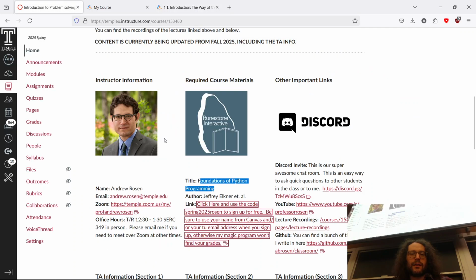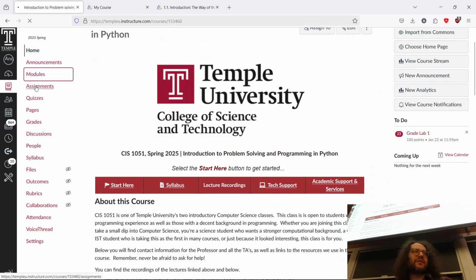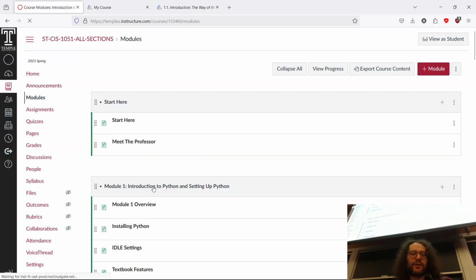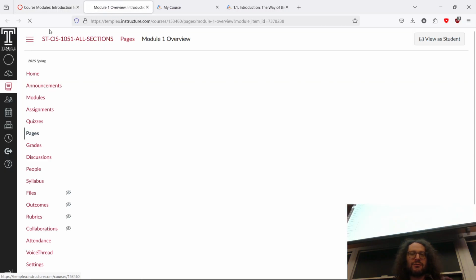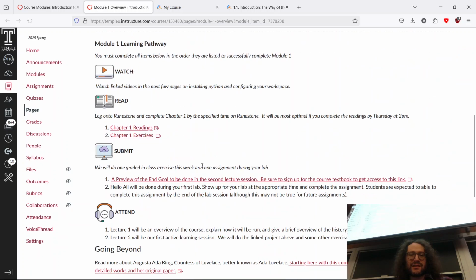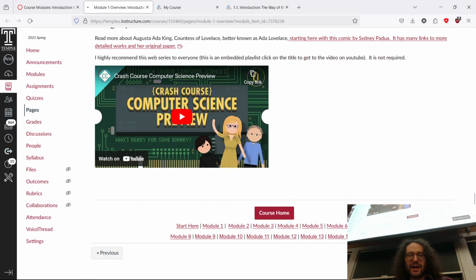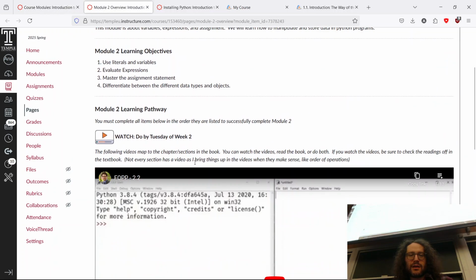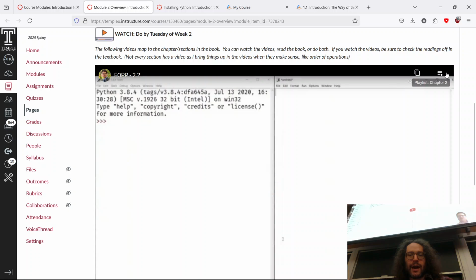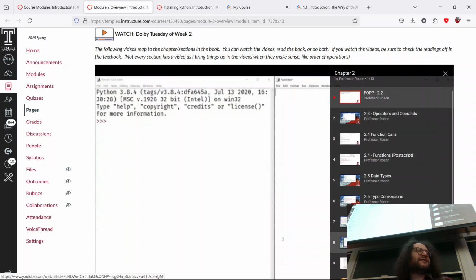I expect you to read the textbook. In fact, you get credit for completing it. But if reading is not your thing, I actually went through the trouble to record lectures for most of these, not that one, but starting in chapter 2 for the second week, where I basically went over each section in the textbook.